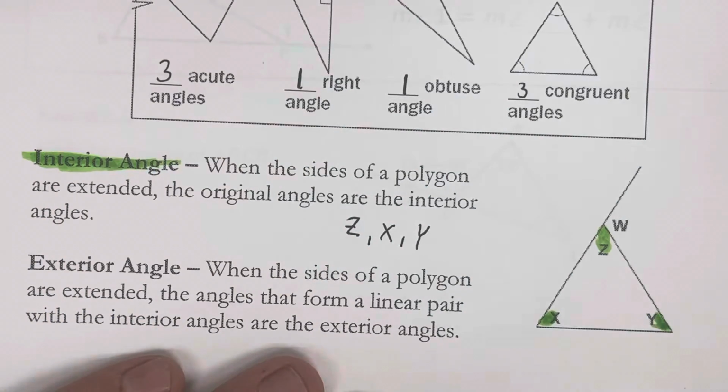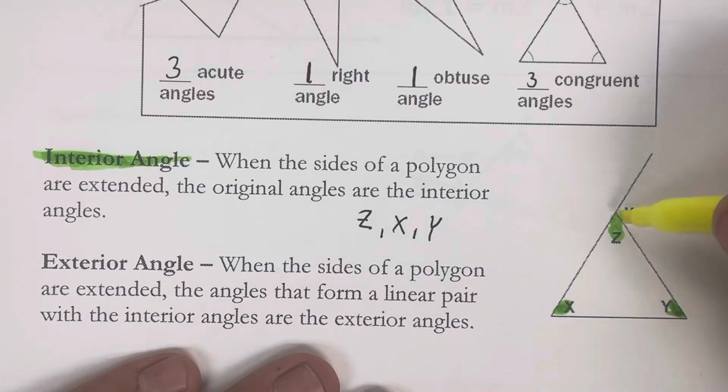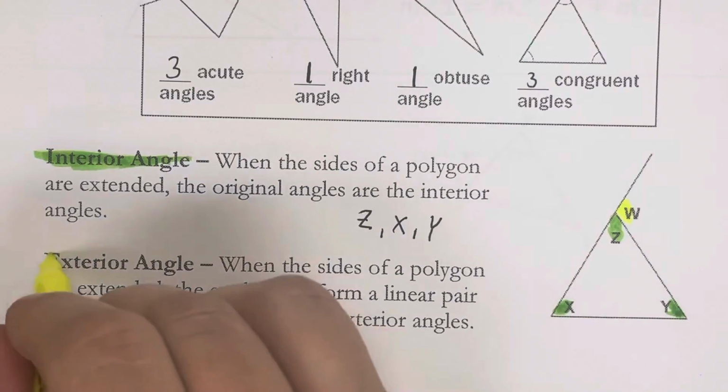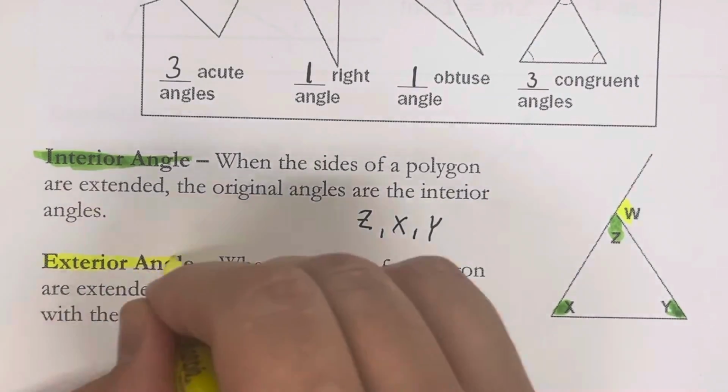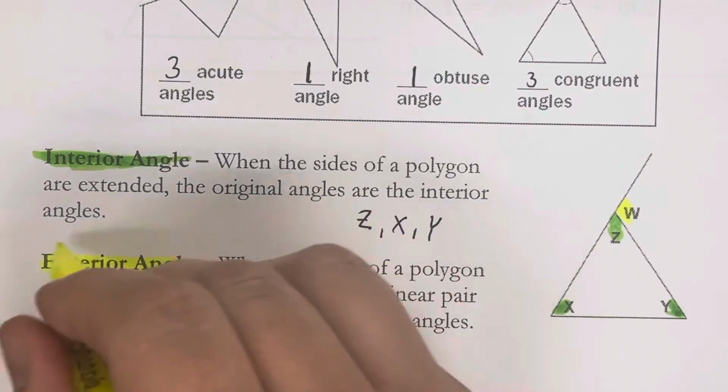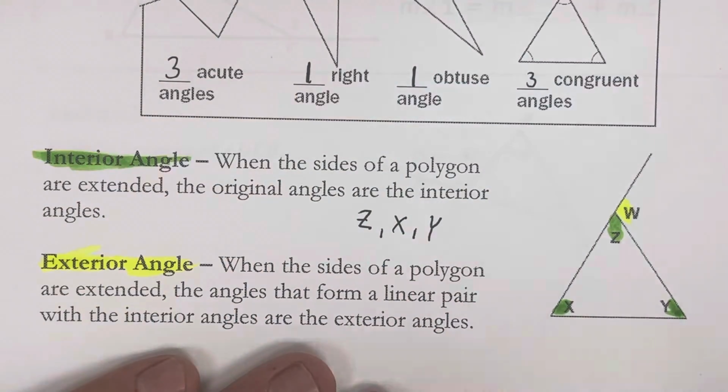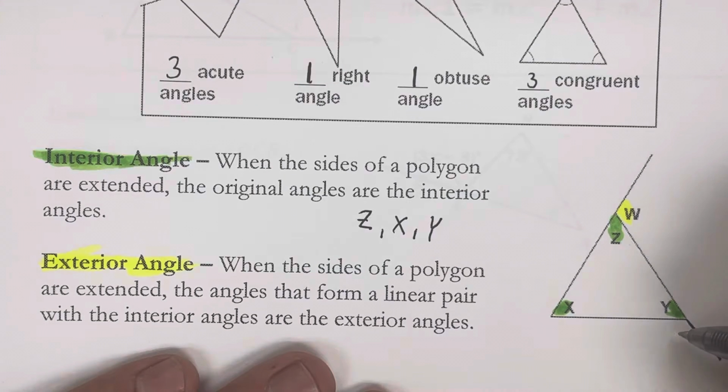The exterior angles form a linear pair with the interior angle. So in this diagram, our lone exterior angle is angle W. It's outside of the triangle, and it forms a linear pair with the interior angle. Now, technically, I could draw this side here, and this angle would be an exterior angle as well.